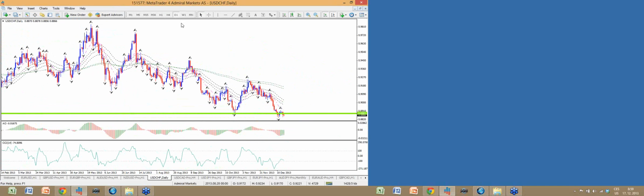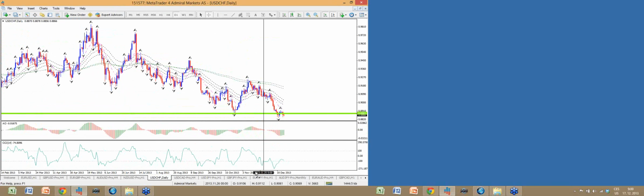Let's take a look at the daily. Daily CCI actually had a pretty strong reading the last time it went down here in December compared to October. Yeah, there was no divergence there, in fact.